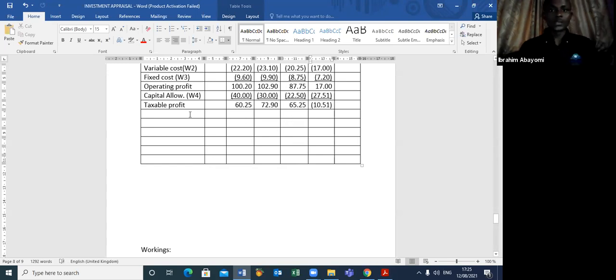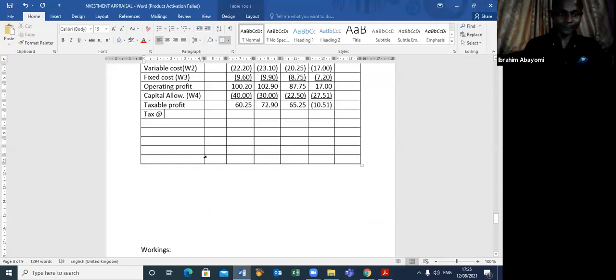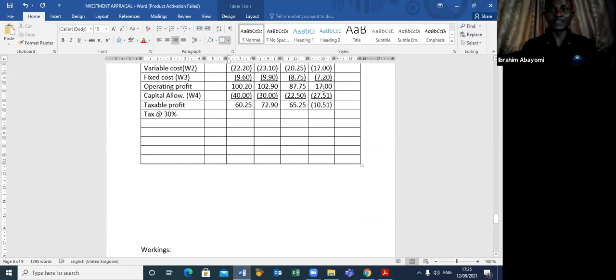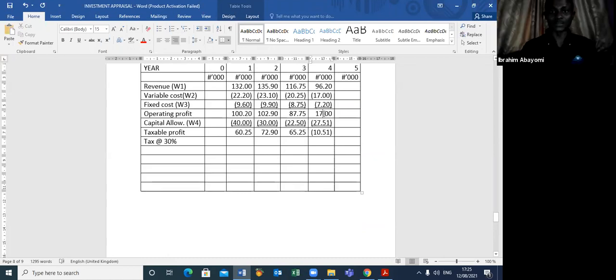Now, what's our tax rate? Tax at 30%. The operating profit for year 4 is 72, not 17. Exactly 72.